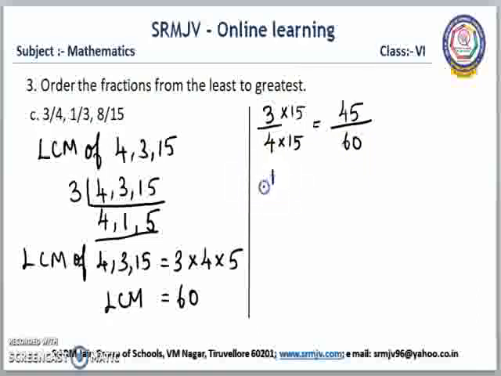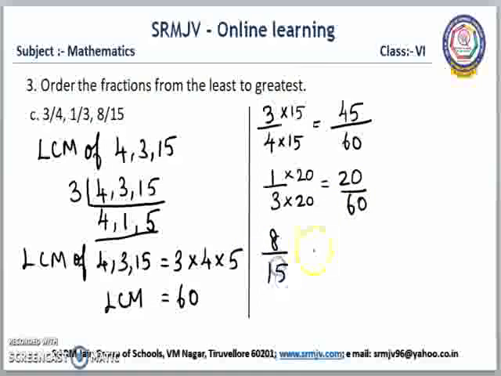Then the second fraction is 1 by 3. In 3 table, when will you get 60? 3 20s are 60. So by the same number, we have to multiply the numerator. Then we will get 20 by 60. Then the last fraction, 8 by 15.